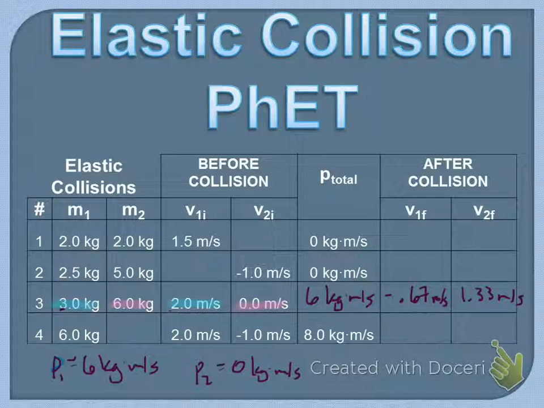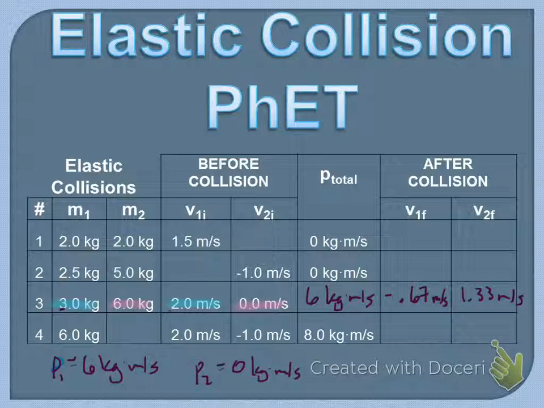Okay, so now if we looked at that, the final velocity for object 1 times its mass plus the final velocity for object 2 times its mass is still going to add up to a total momentum of 6 kilograms times meters per second. But notice here that because we have different masses in our objects, we end up with both of them moving, okay, and the first object changes direction.